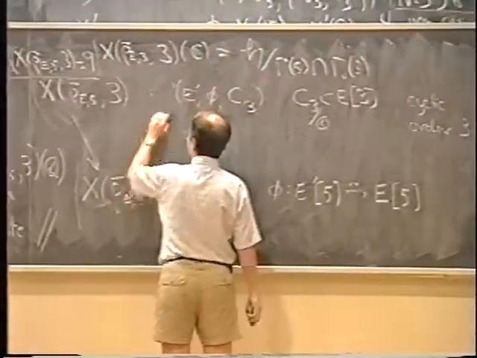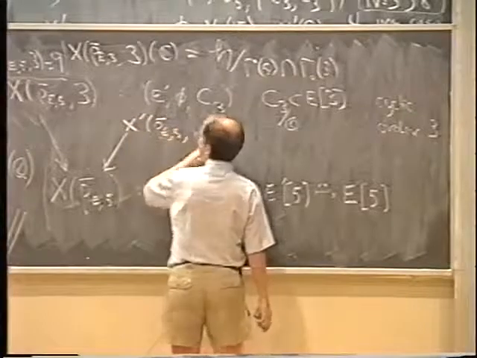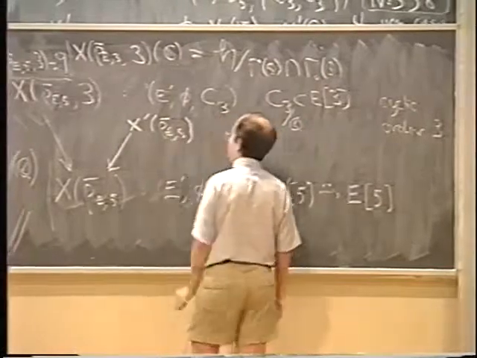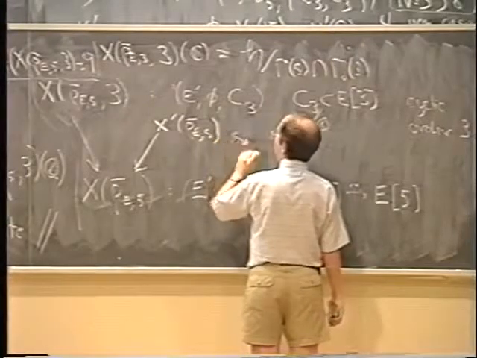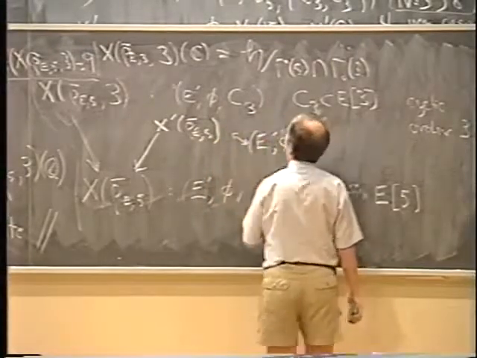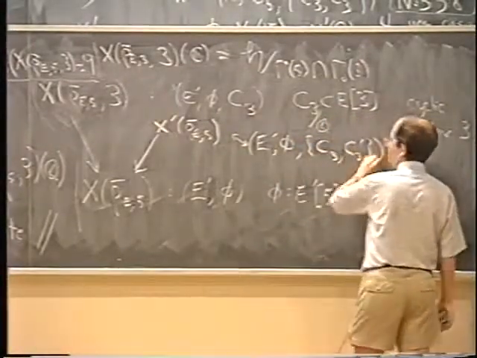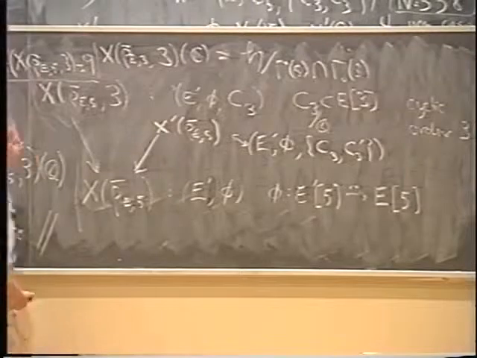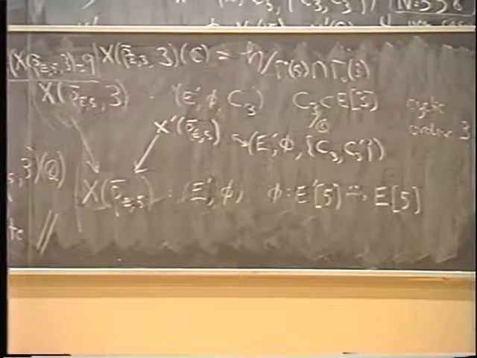So one has this other modular curve, which I call X prime of rho E5 bar, which is going to correspond to E, phi, and again, pairs C3 and C3 prime. But you check that, I confess I haven't checked exactly what the genus of this is, but it's at least 9. And so this only contributes finitely many bad points also. So you just have to ignore these others and you get the same result.